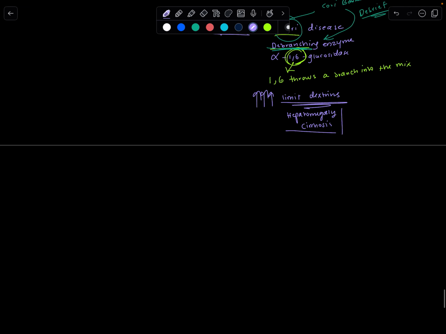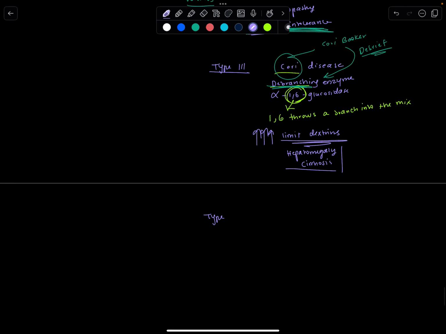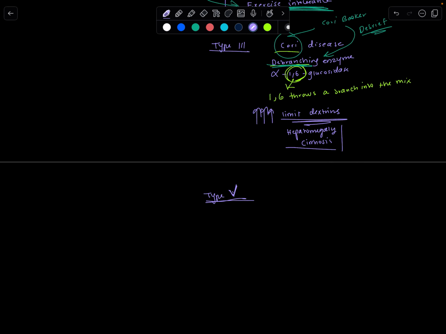All right, one more. We are going to go over type 4 or type 5. There are 5, but you only need to know 4 as of now. And this is going to be called McArdle's disease, or just McArdle disease.